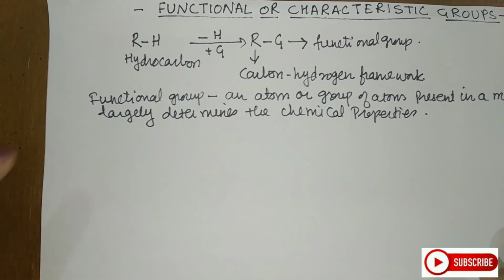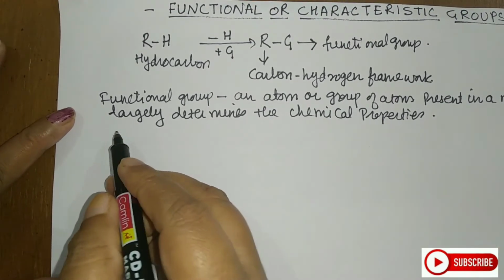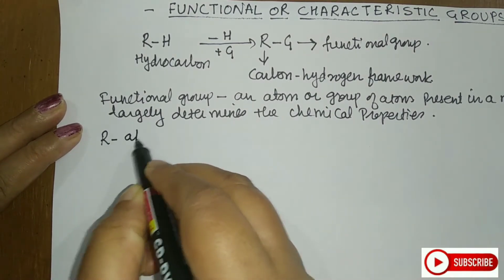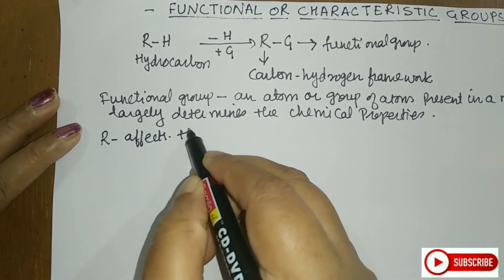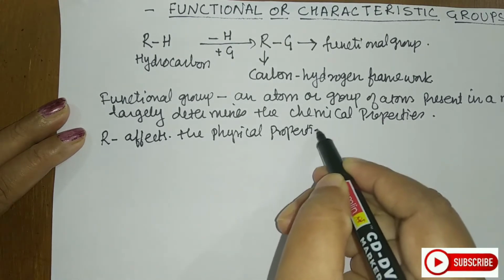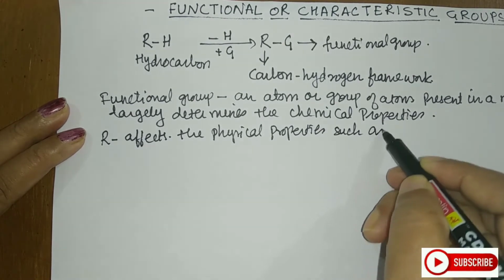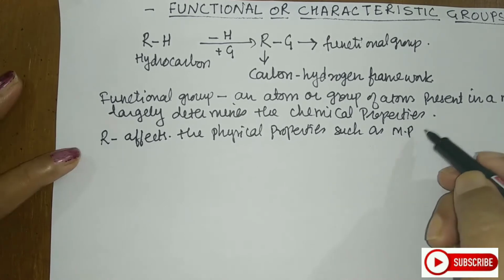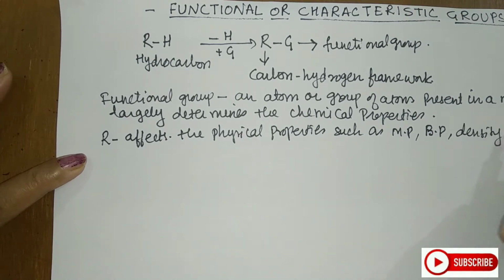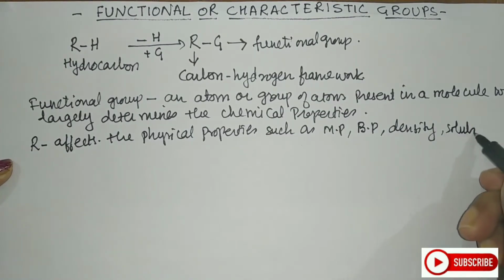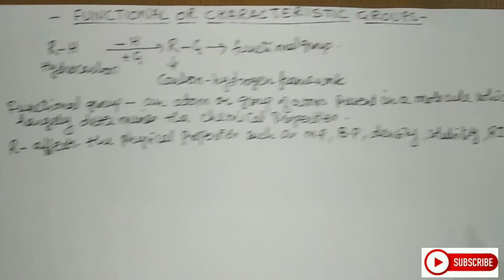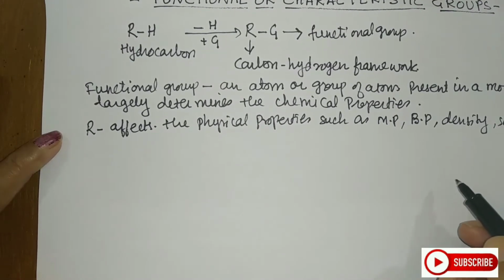Let me write this: the R, the main hydrocarbon group, affects the physical properties such as melting point, boiling point, density, solubility, refractive index, etc.